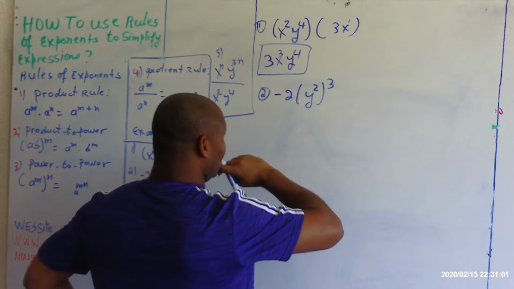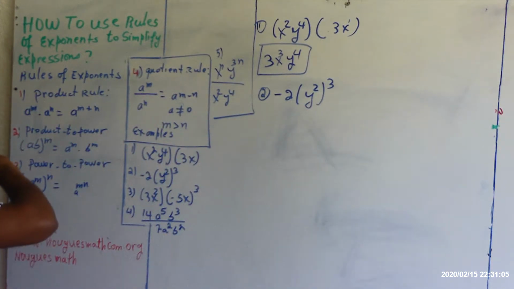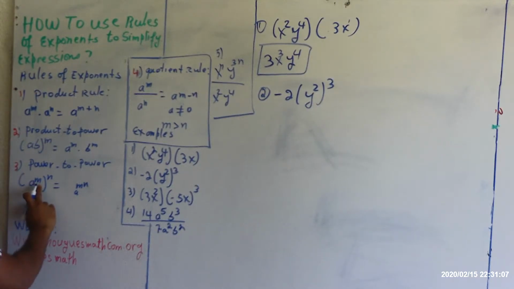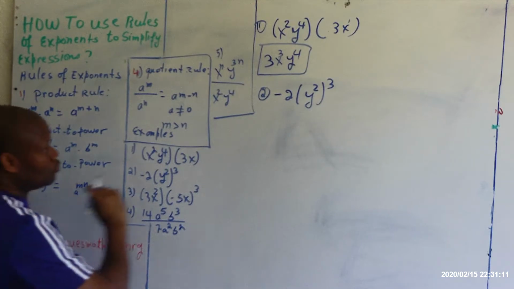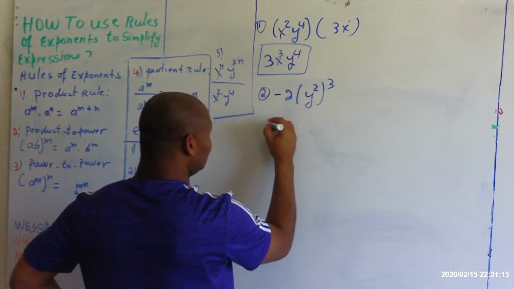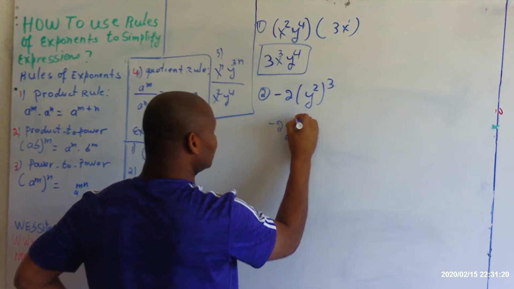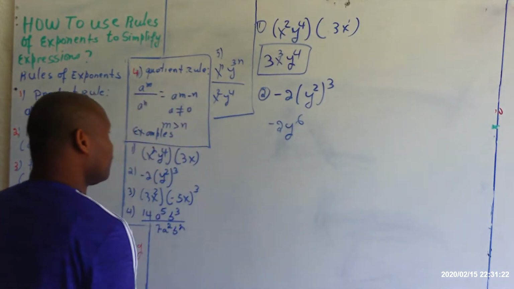No, that's power to power. Remember I told you that's power to power. So when you have something like this, you're going to multiply n by m. So that's going to be 3 times 2. 2 times 3, that's going to be 6.